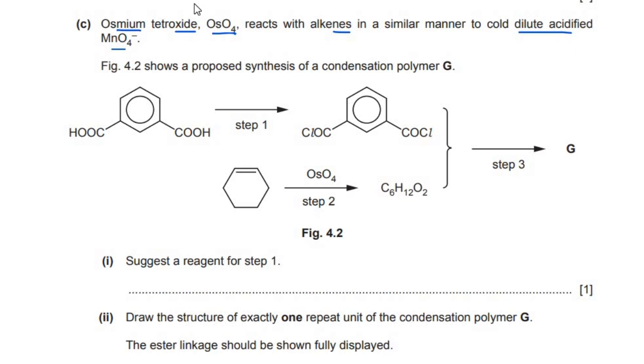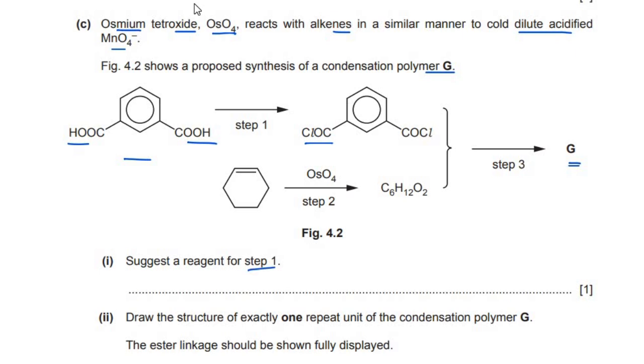Now figure 4.2 shows a proposed synthesis of the condensation polymer G, which is written here, and here is the starting ring structure. Step 1 is where the carboxylic acid of the benzene undergoes acylation to form an acyl chloride. So suggest a reagent for step 1.